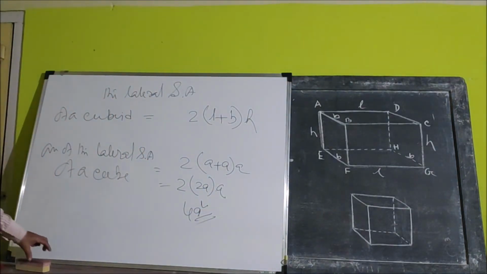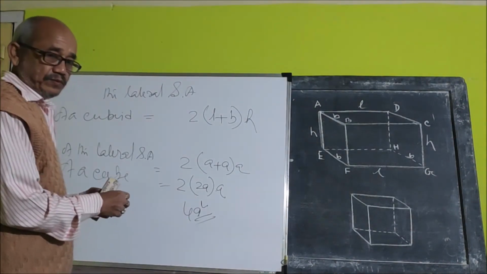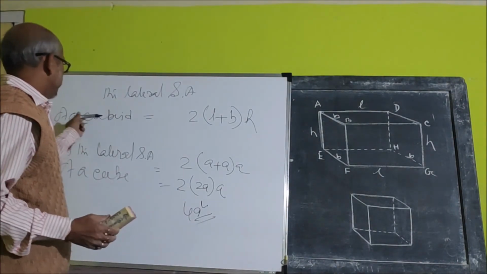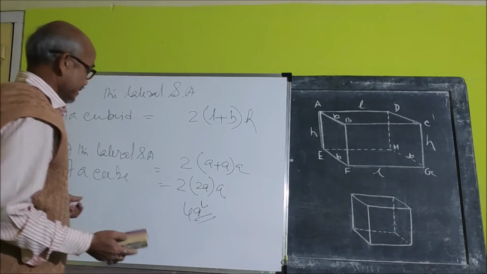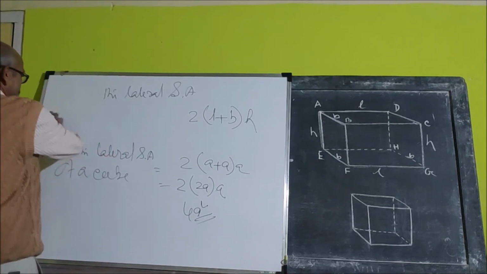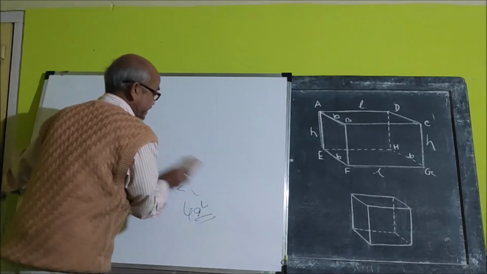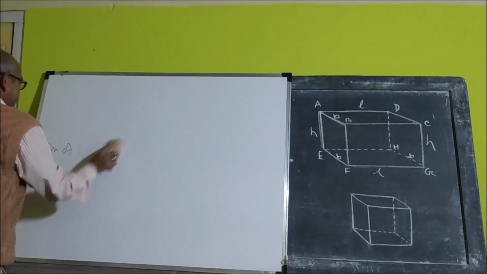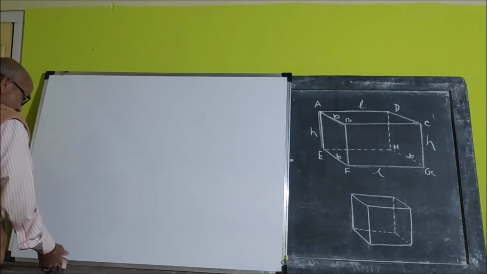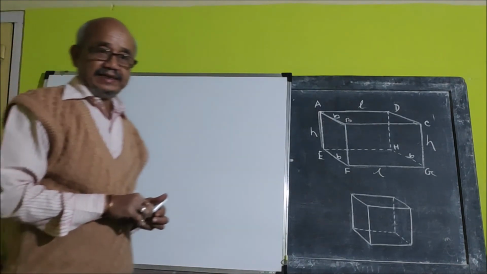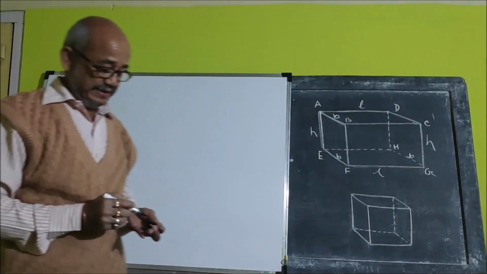It is the lateral surface area of a cube. That is the lateral surface area of a cuboid. Now we have the four-sided cuboid area, that means the lateral surface area of a cuboid, the five-sided cuboid area, and the six-sided cuboid area.